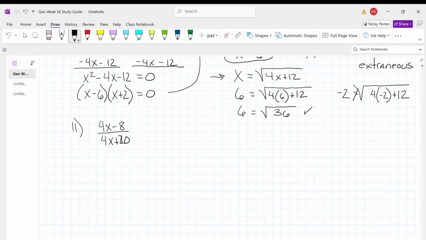So first thing is to factor the top and the bottom. I could factor a 4 out of the top. Now I'd have 4 times x minus 2. I can factor a 4 out of the bottom, and I would have 4 times x plus 5.